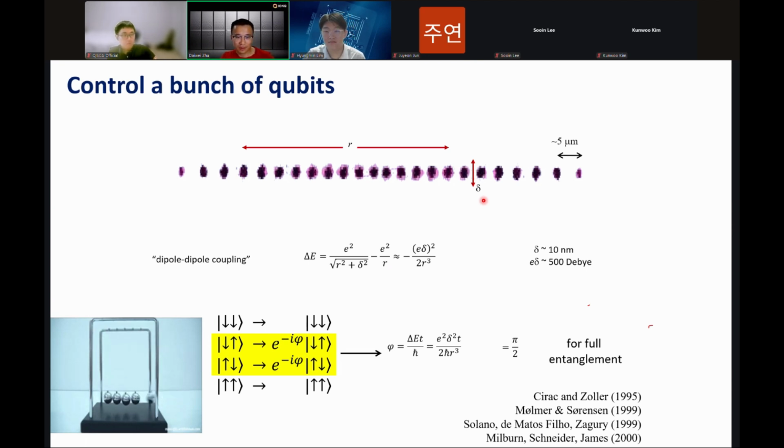Although ion trap has 530, it is still insufficient to solve commercial algorithms. We don't have enough resources to solve Shor's algorithm for RSA 256.